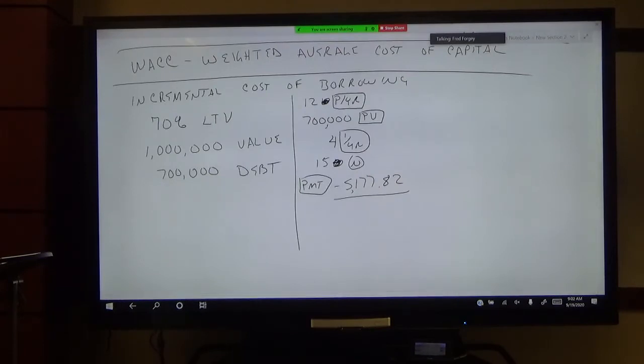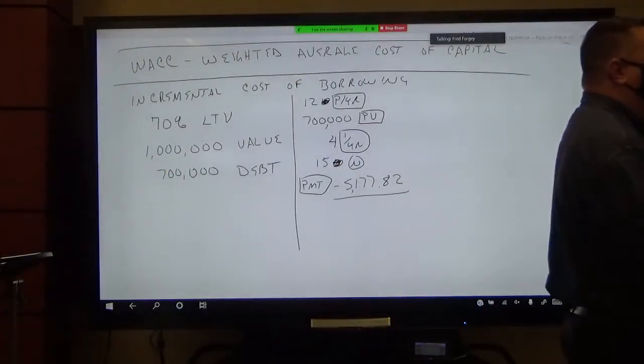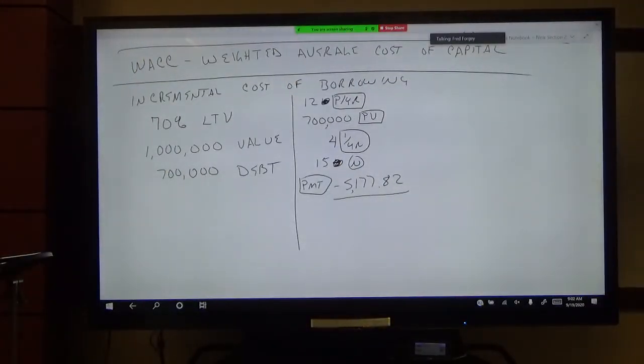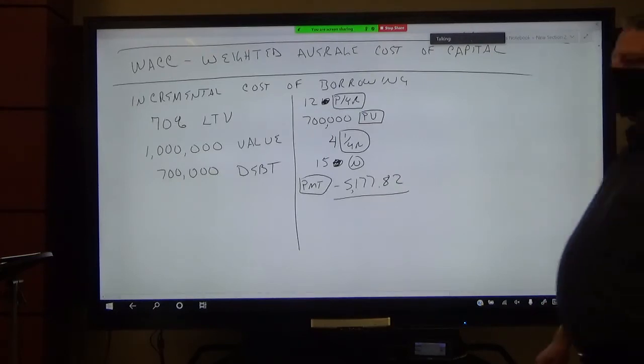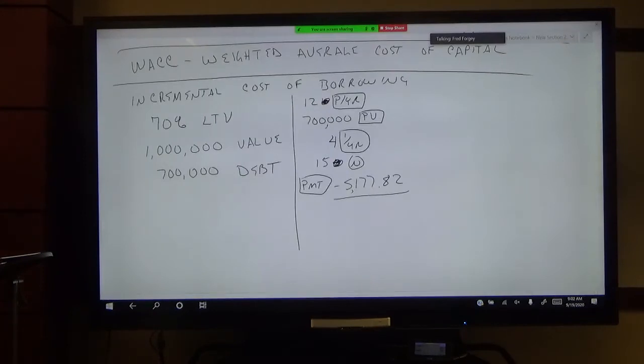Now, let's say that is lender number 1 that we have gone to. Lender number 2 says, hey, we will make you an 80% loan to value ratio. So this is lender 1, and lender 2 will give you an 80% loan to value.